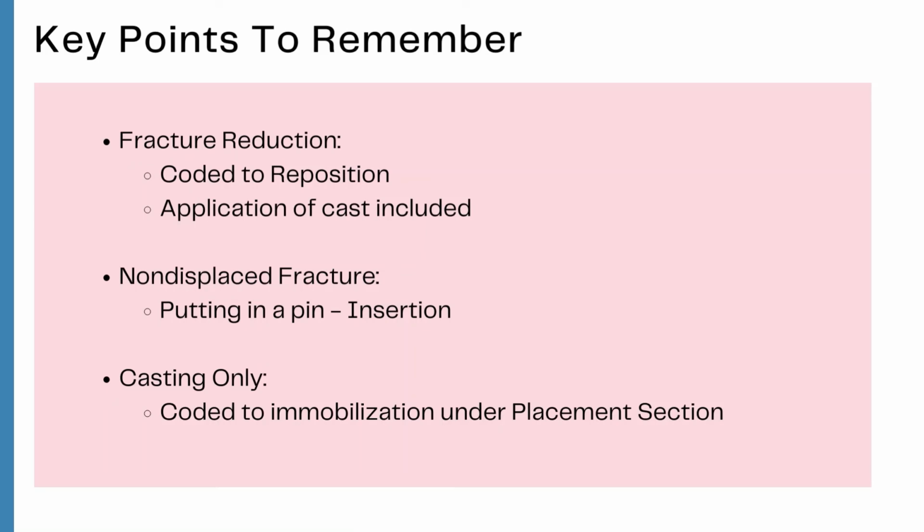Placement of a pin as part of a fracture reduction is coded to the root operation insertion additionally. And if only a cast is placed and no reduction is performed, then the casting is coded to the root operation of immobilization, which is coded from the placement section and not the medical and surgical. These are the important points that you need to remember when you're coding the reposition or the fracture reduction codes.